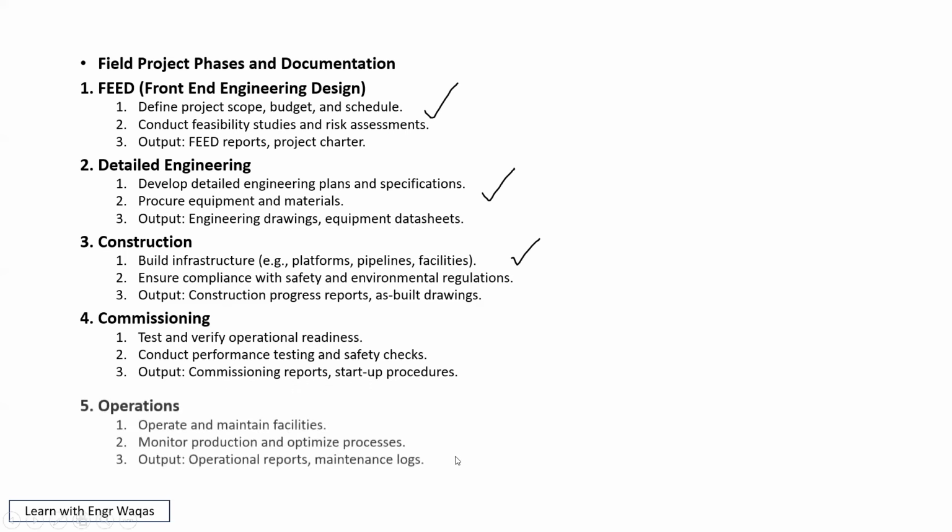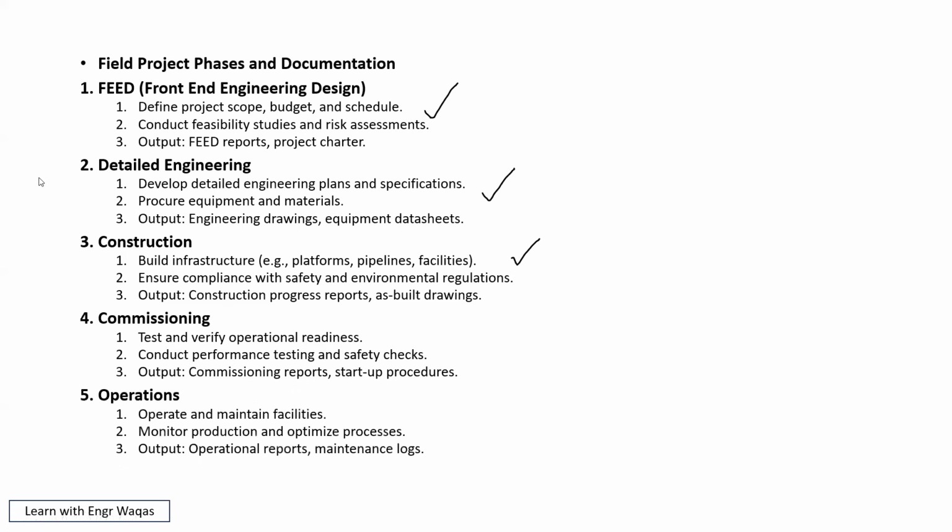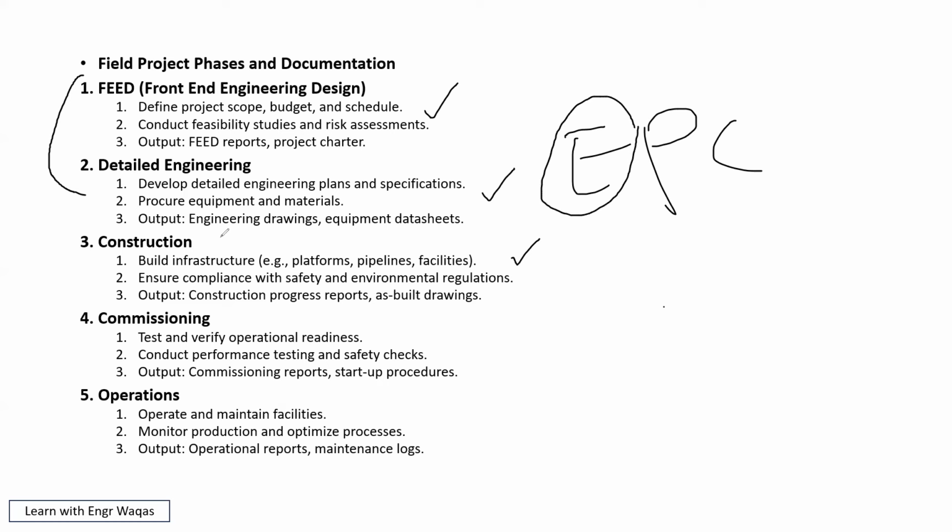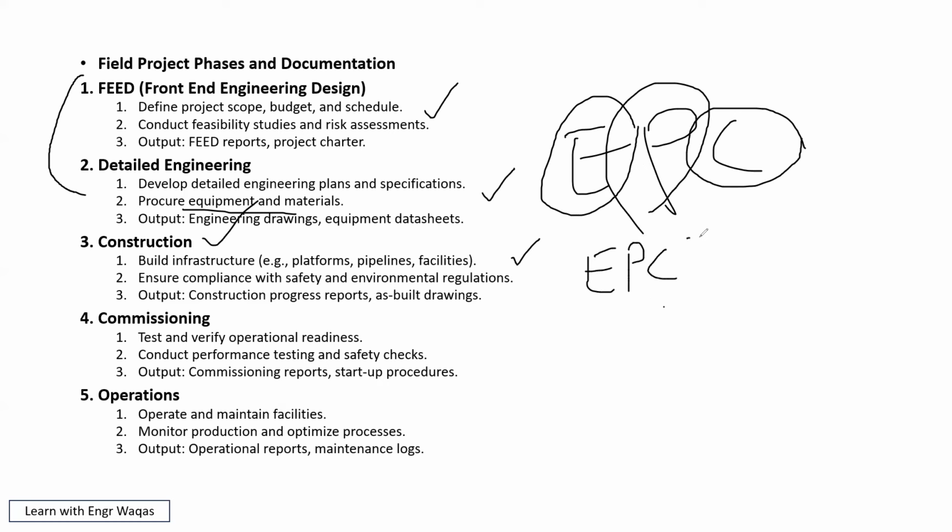Once done, this would be called EPC. E, engineering, means design, then there is procurement, and then there is construction. This is called EPC. Once EPC is done, it also includes installation and commissioning as well.